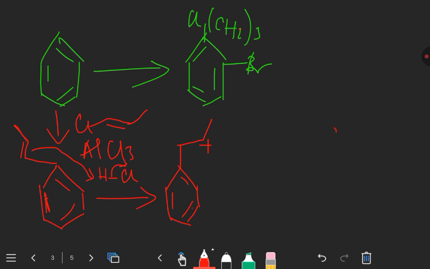Then this positive charge, we can attach a chloride. That chloride which left can come, okay. So the chloride can come and attack the carbocation there, which is going to form now something of this kind. So it's going to form something of this nature.